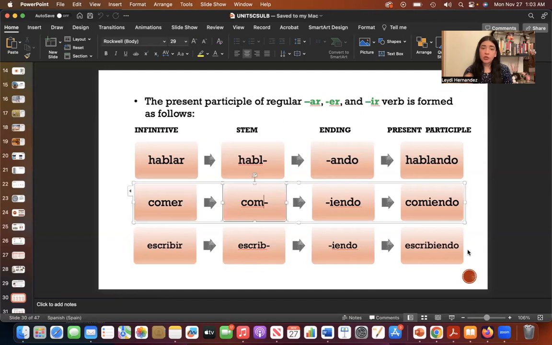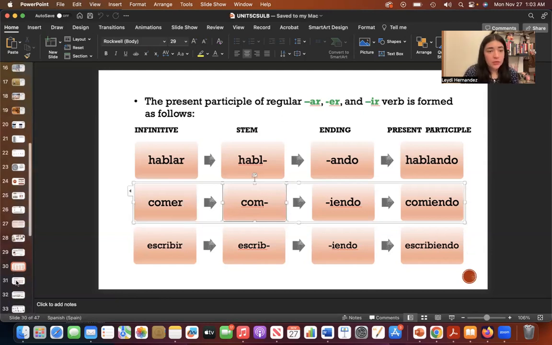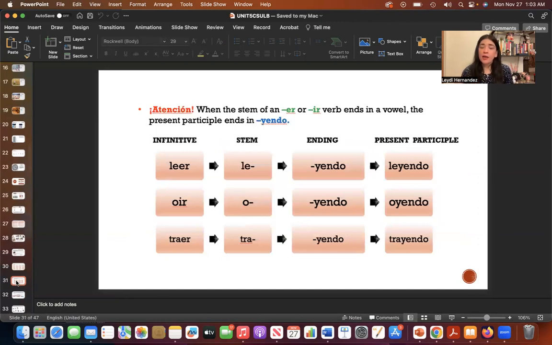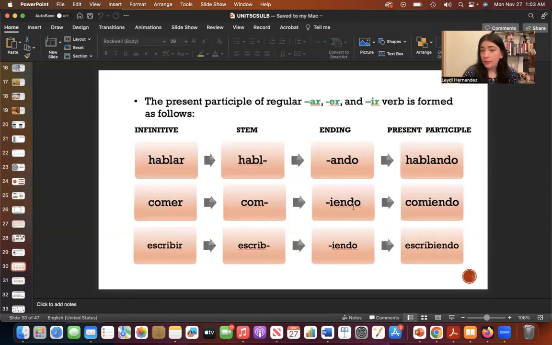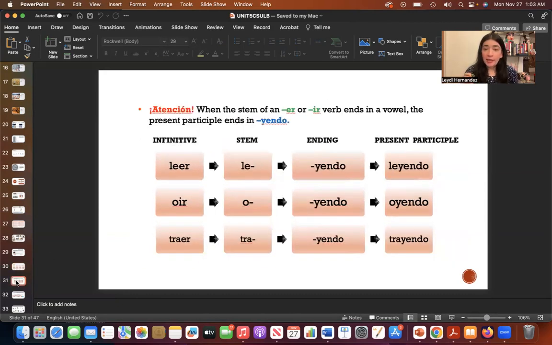Okay, there are some irregulars, so I'm going to show you right now. For ER and IR verbs, when we drop the ending, sometimes we have a vowel instead of a consonant. We do not add iendo if it ends in a vowel.